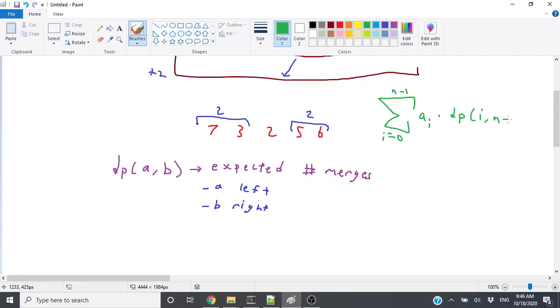This is because this is n minus 1, and we're interested in its distance to i, which is just this subtraction. And similarly, we're interested in the distance from i to 0, which is just i minus 0, which is i. And that's the number of elements we have on the left and the right. So this is the answer.